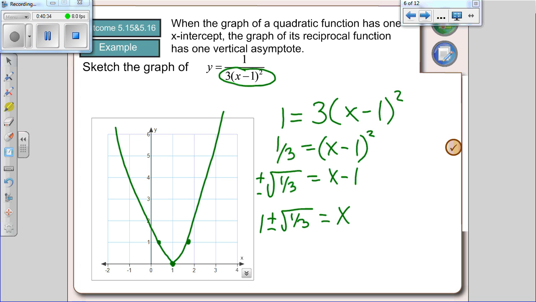Step 1: asymptotes. Your asymptotes are anywhere that you have an x-intercept. We have one right here, so draw that. Your x-axis is your other one.